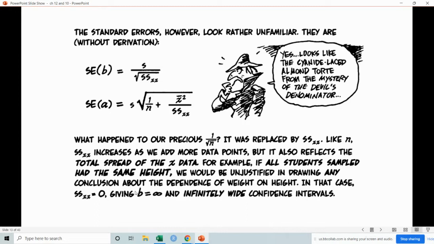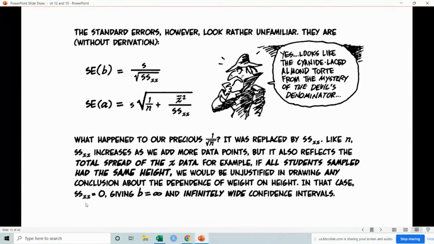So what happened to our precious 1 divided by square root of n when we were trying to compensate for our sample size? Well, it was replaced by the sum of squares of the x's. Like n, the sum of squares of x's increases as we add more data points, but it also reflects the total spread of the x data. For example, if all students sampled had the same height, we would be unjustified in drawing any conclusion about the dependence of weight on height.